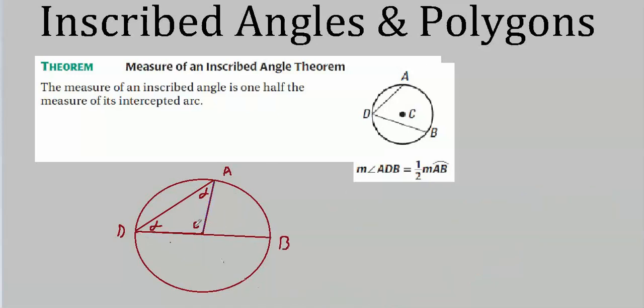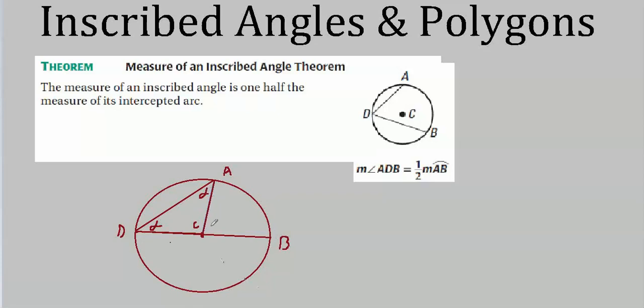If the center lies on one of the segments producing the angle from which we derive the measure of this arc, here's the center right here, that means that one of the segments is a diameter. Well, we can do the same thing. We've got that the exterior angle here is equal to the sum of the two opposite angles.